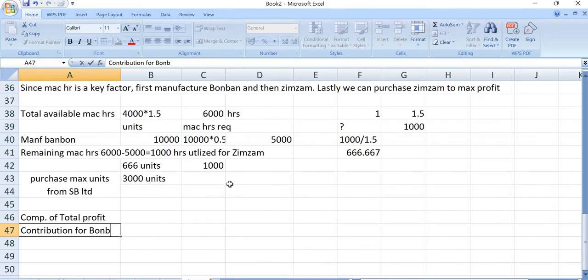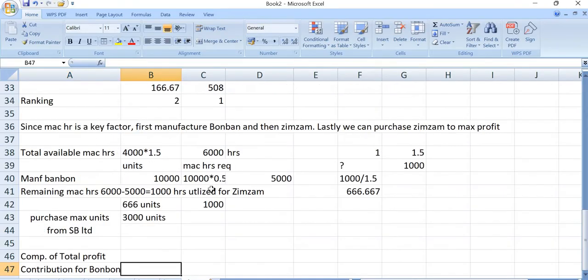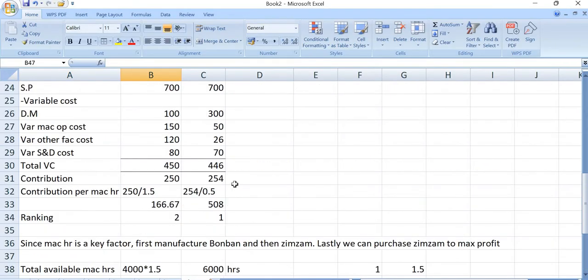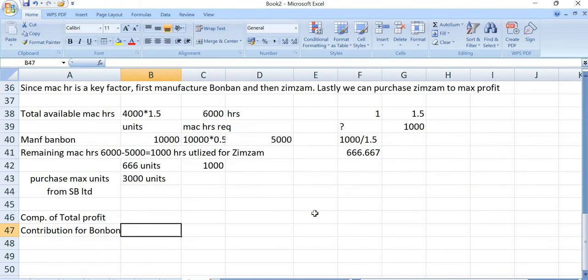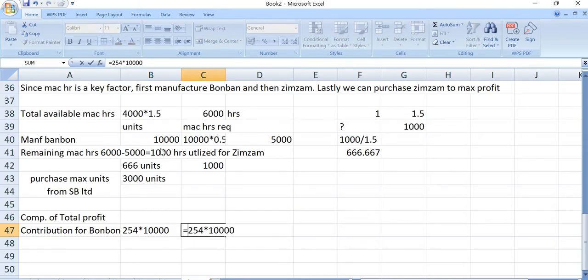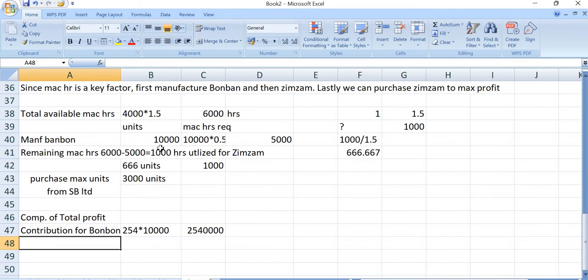So bond's contribution is 254, right? Per unit I'm taking. So 254 is contribution. Into how many units am I going to produce? 10,000 units. That is maximum of 10,000 units I am producing.